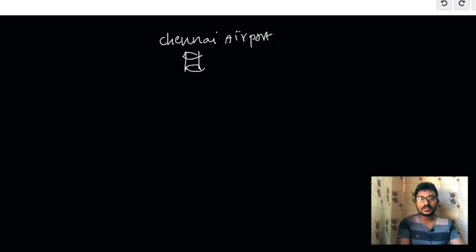Let's consider a situation where 3 flights are trying to land at the same time. So A, B, C. A is one plane, B is one plane, and C is one plane. If these 3 planes are trying to land on a particular pathway at a particular time, and there are no intermediates between them, if these 3 planes don't communicate well, then the situation will be very bad.